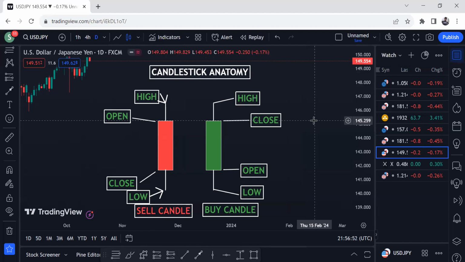We have the sell candle, and we have the buy candle. The sell candle represents the strength of sellers trying to push, or actually pushing, the price from the high point to the low point. And the buy candle represents the buyers' pressure to move price from the low point to the high point. This is the basics of technical analysis.